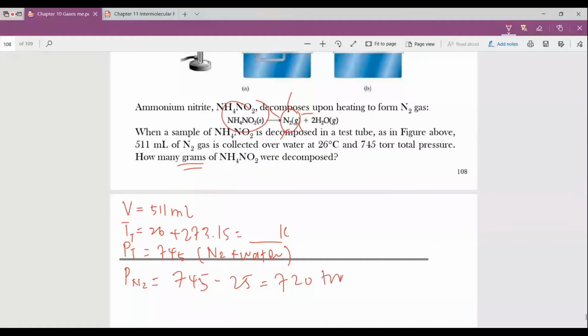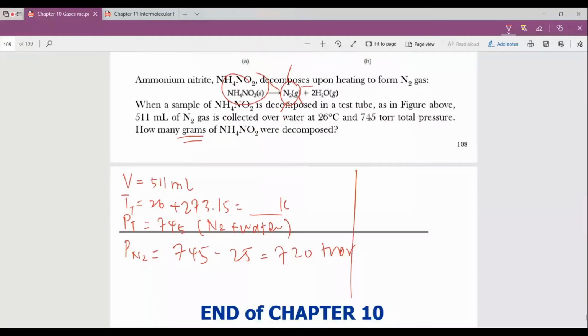So, okay, find moles equal to PV over RT. The pressure changes: 720 divided by 760, you get in atm around 0.947. Volume is 511 times 10 to the negative 3.